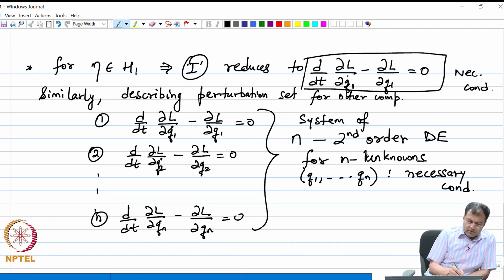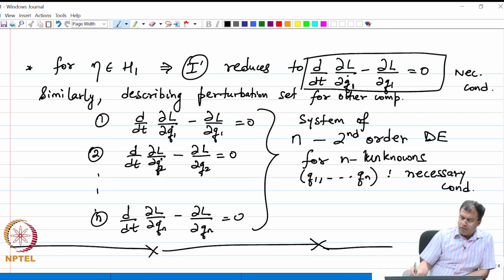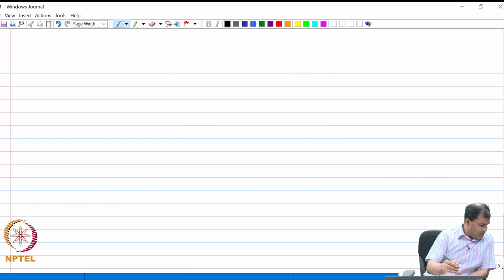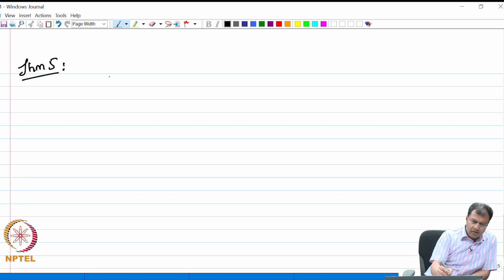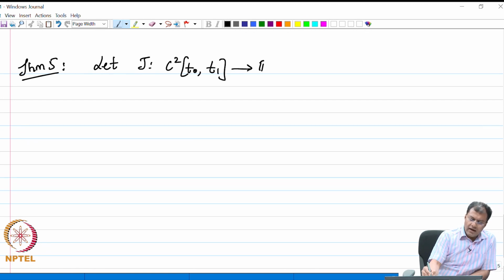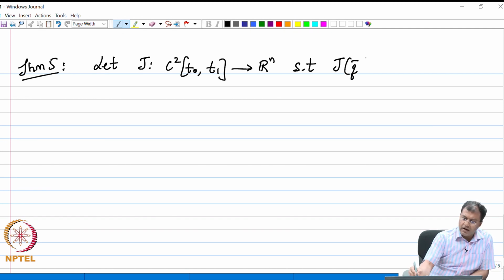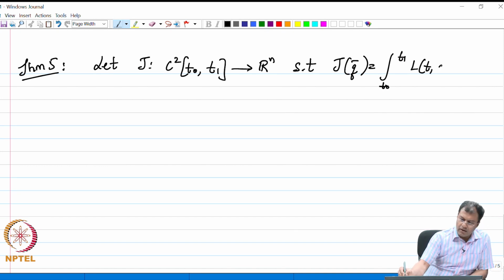Let me recap what we have said so far in the form of a theorem. So we have Theorem 5. The theorem says: let J from C2 of T0 to T1 to Rn be a functional such that J of q bar is equal to the integral from T0 to T1 of L of t, q bar, q bar dot, dt.